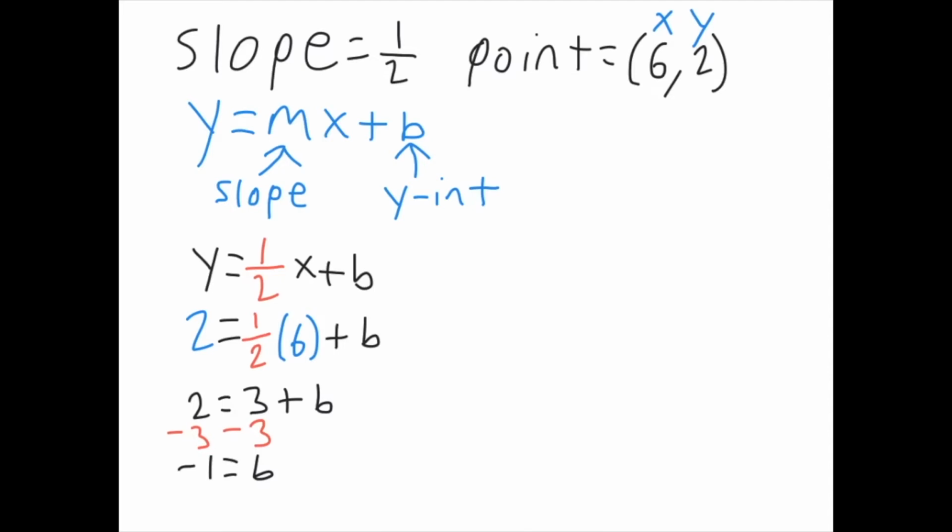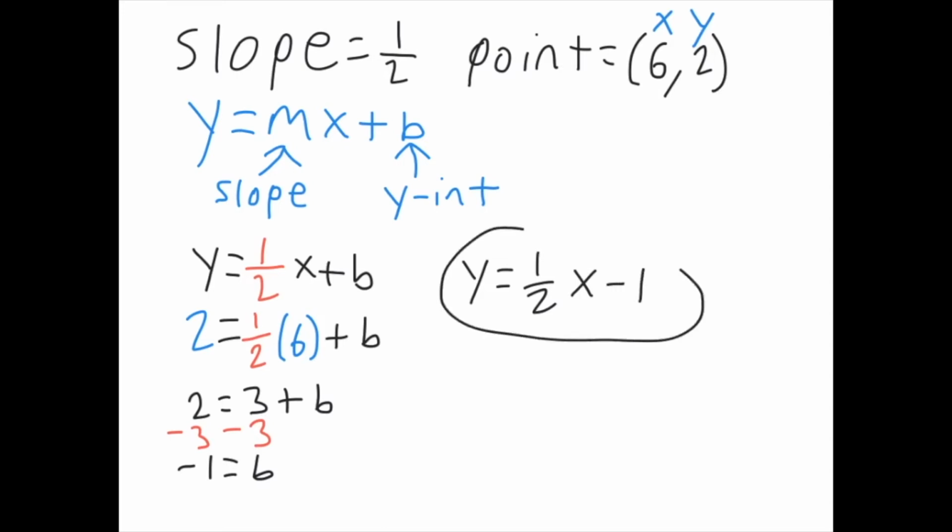So y equals, the slope was 1/2, x plus, now the y-intercept was -1. So plus -1, or we can just say -1.